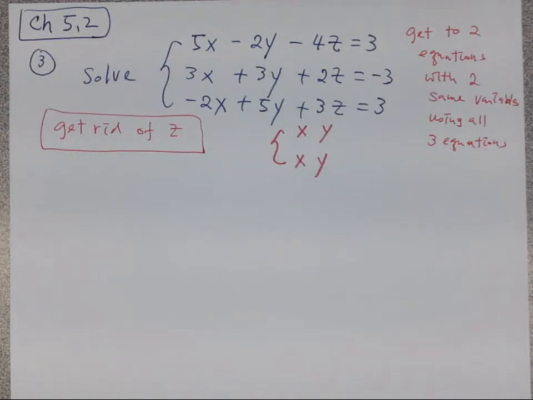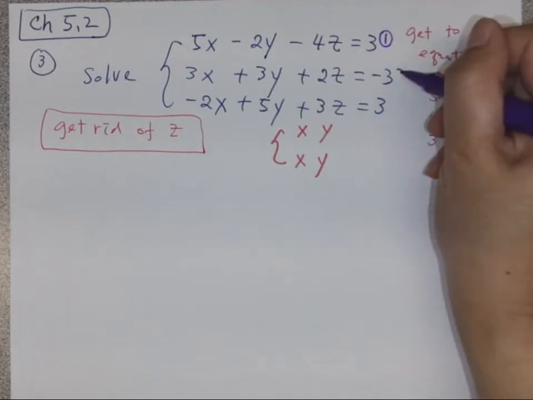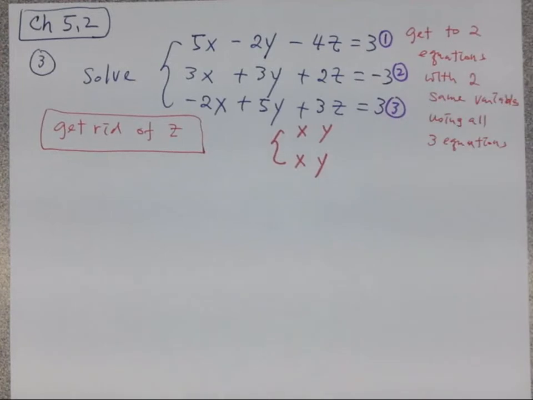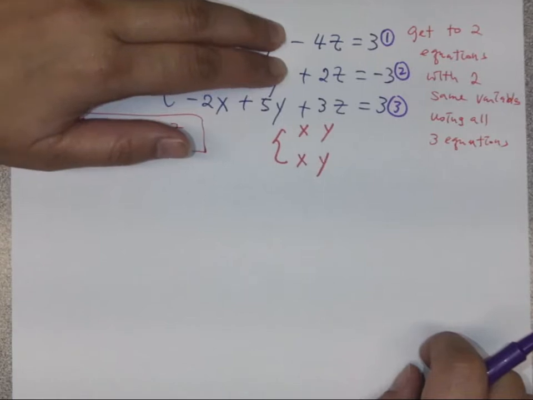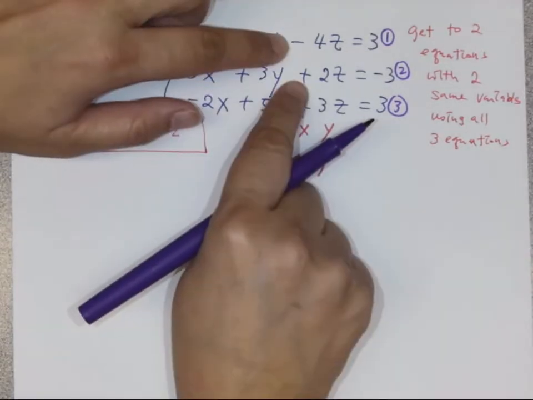Looking at here, we have equations 1, 2, and 3, correct? Okay, if I'm trying to get rid of z, I can pair the first two equations together. And which equation needs to be multiplied by something? Second equation multiplied by, is it 2 or negative 2? Just 2, because they already have opposite signs, right?